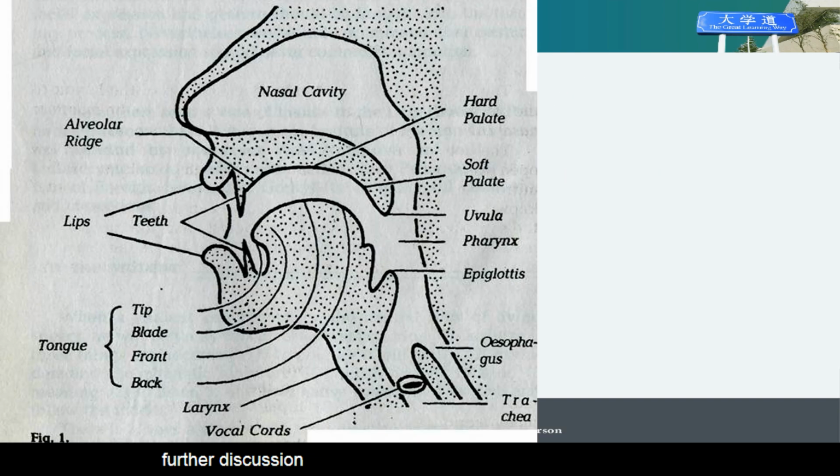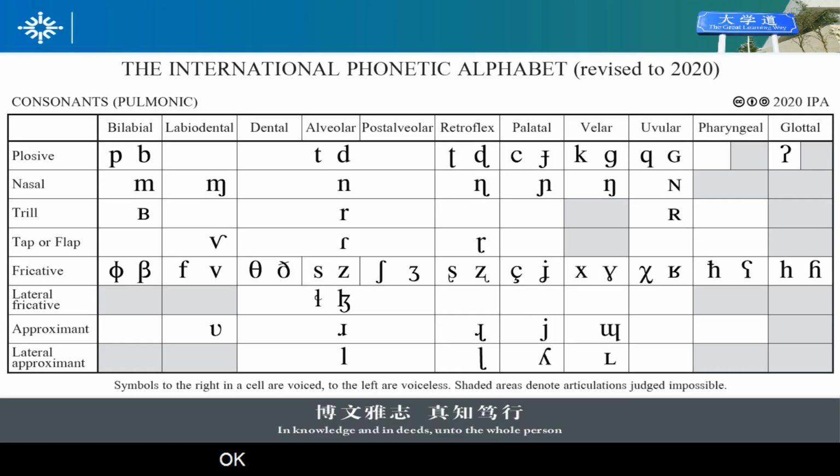And before further discussion, I suggest you recall the information that we learned last chapter. You need to still remember the different parts of the speech organ, the vocal tract of human beings, in order to discuss further.